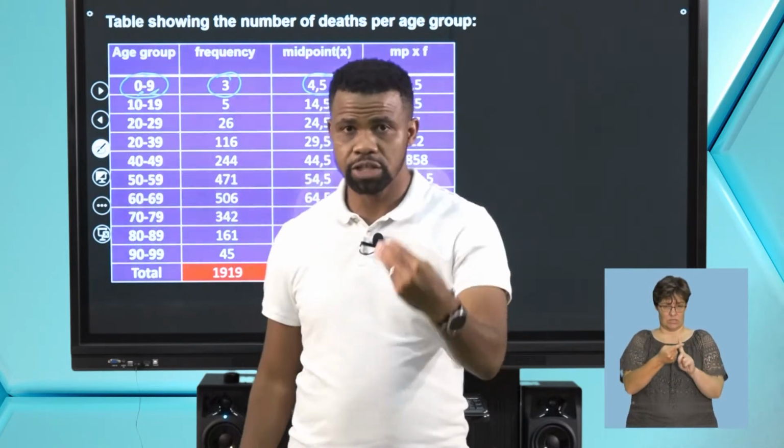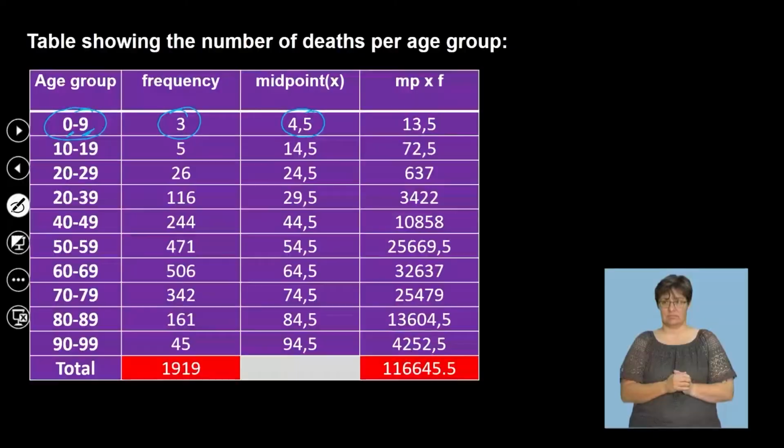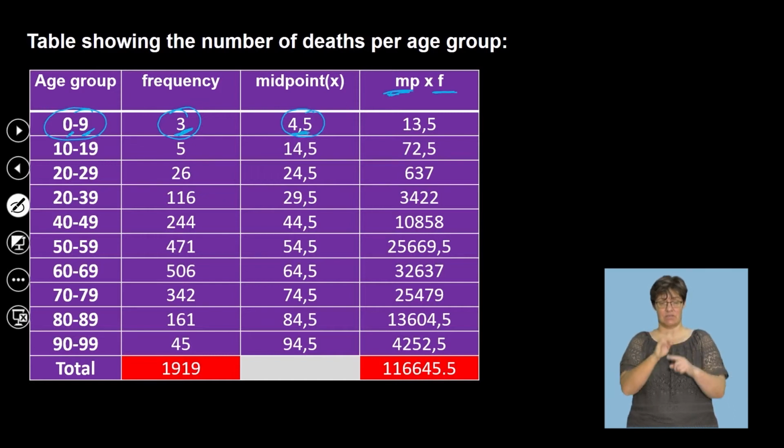that class interval. Then from there, we're going to say midpoint times the frequency. So the frequency is how many data in that interval, which is 3 multiplied by 4.5, which gives us 13.5. And we do this for each and every age group.